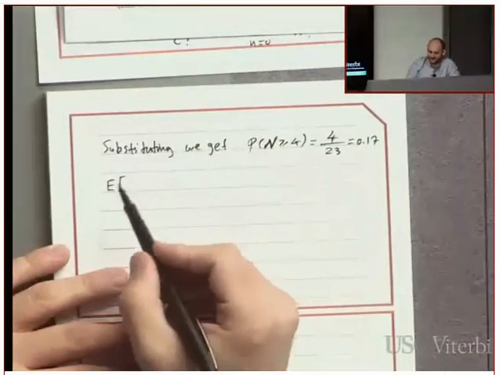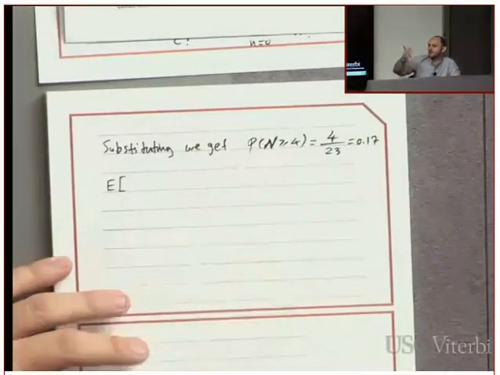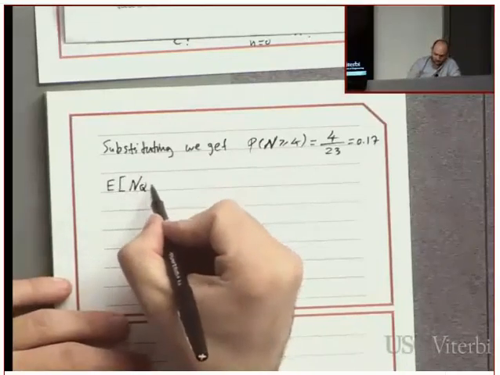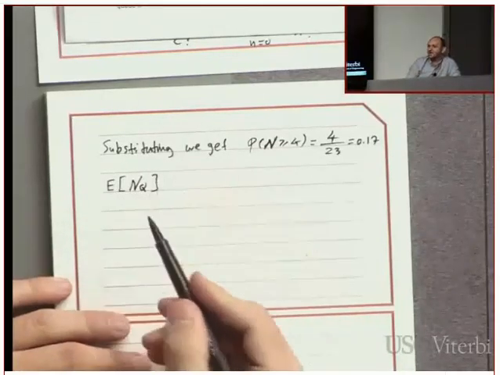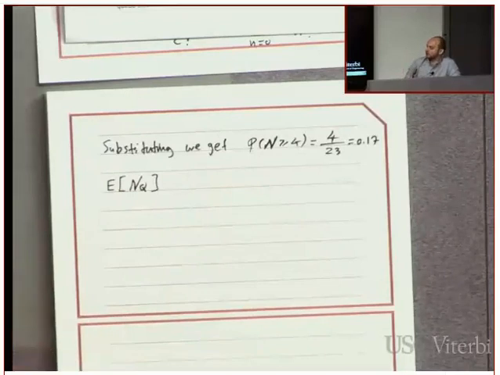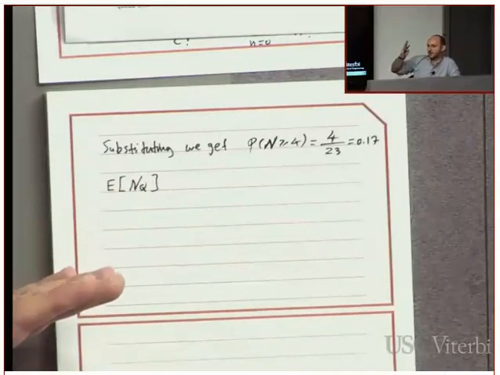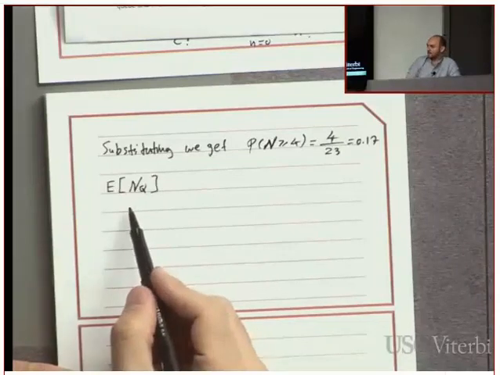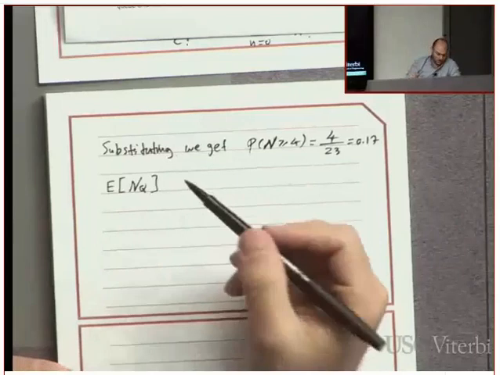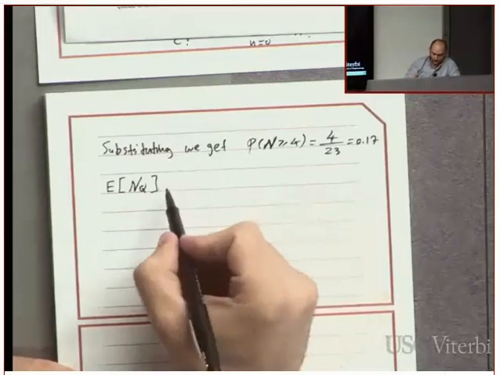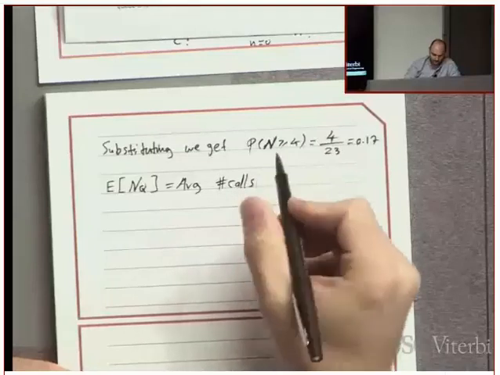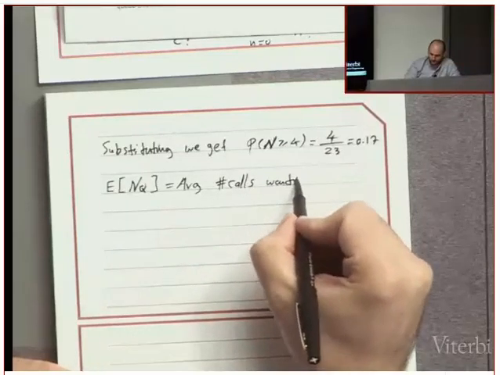In some books you might find this expectation omitted by definition. They represent it straight as NQ, and this is an average, although it looks like a random variable, as in Ross's Probability Models, where they write it without the expectation for convenience. Okay, this is the average number of calls waiting in the queue.